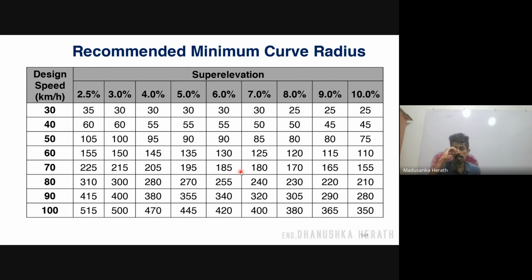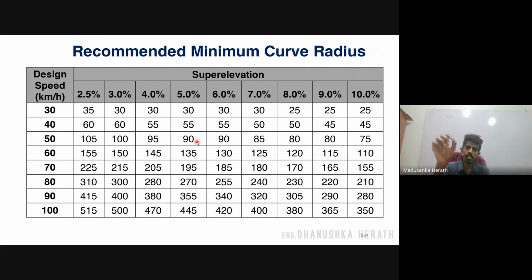So we calculate the required radius from that equation, then we get some value. But then we have to check that value with this minimum curve radius. If the minimum curve radius is 90, and if our value is 75, we can't go with 75. We have to go with 90.